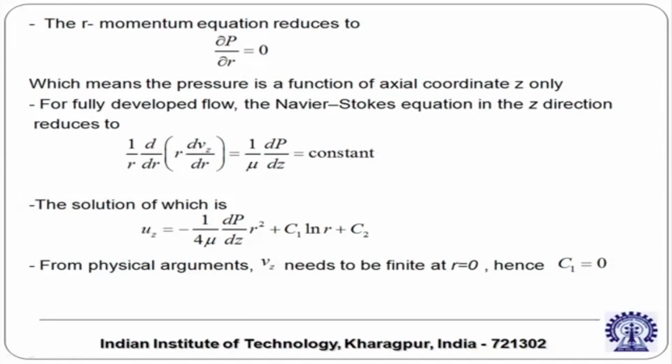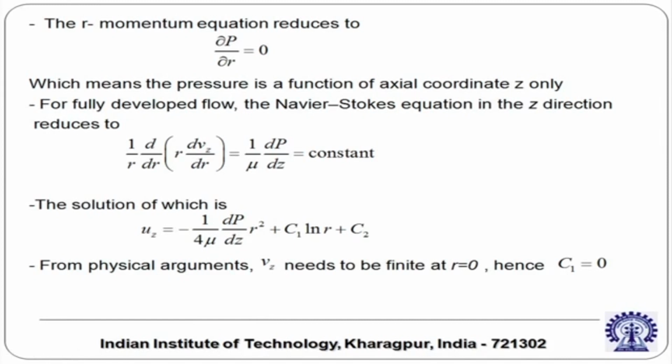The only difference between the rectangular channel or the parallel plate channel and the circular pipe is that the viscous term, instead of d2 Vz dr2, is expressed as 1 by r d dr of r dVz dr. That is just a representation in the cylindrical coordinate system.